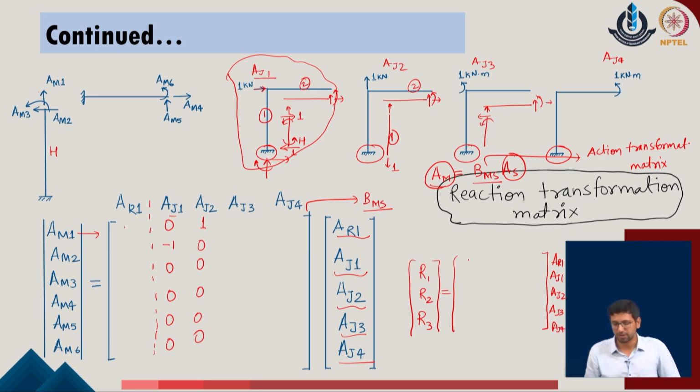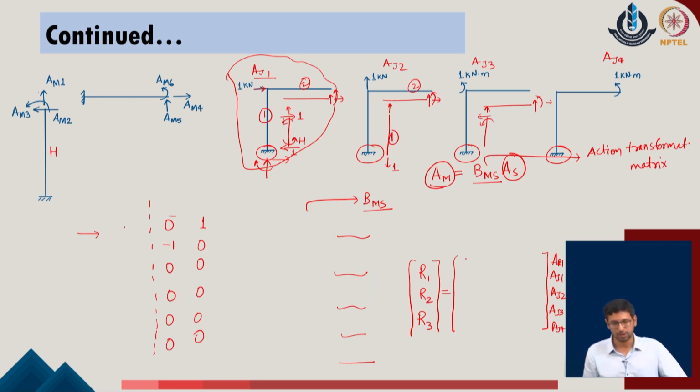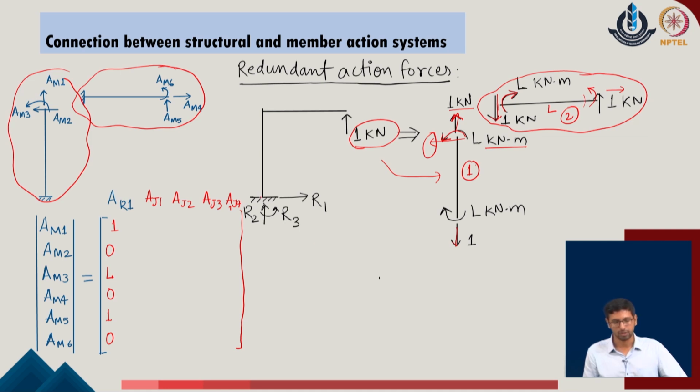As a simple example, with respect to the previous case which we have just considered for the first part, we have defined R1, R2 and R3 of the given system: the R1 value as 0, the R2 value as -1, and the R3 value as minus L in the given problem.